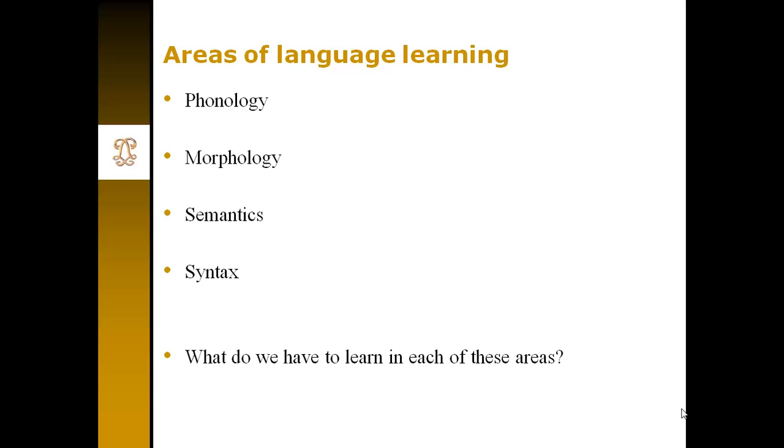Word order is something that's very important in a language like English, where we don't have very complicated morphology that tells us what the subject is, what the object is, what the verb is. So we depend on word order in English to give us that cue. The dog bit the man doesn't mean the same thing as the man bit the dog. And so what we have to figure out in our language with syntax is what kinds of rules govern the way that we string words together.